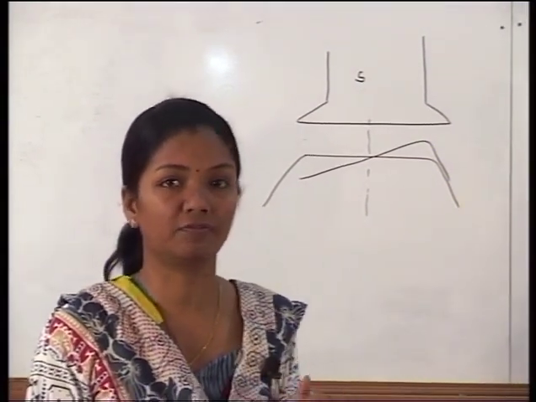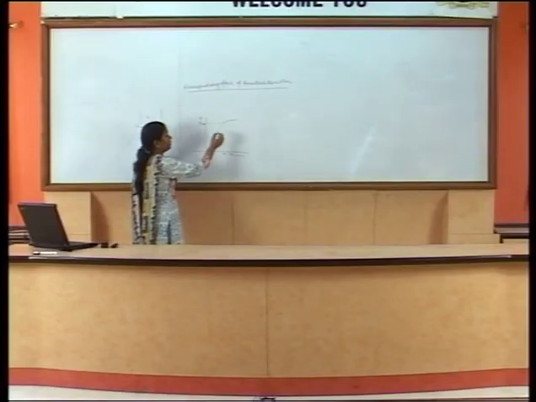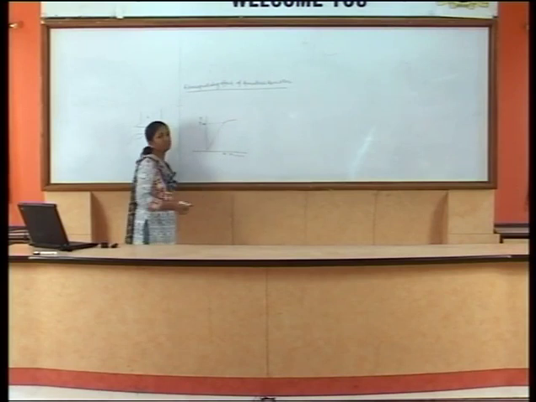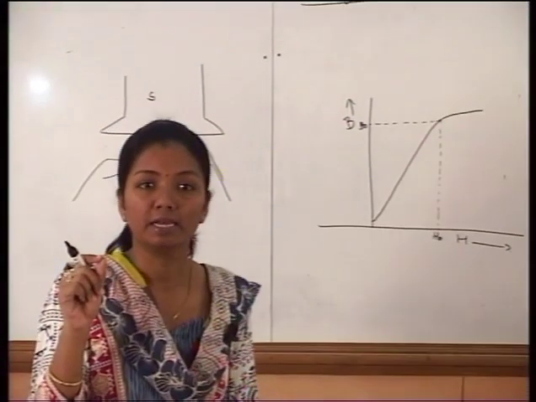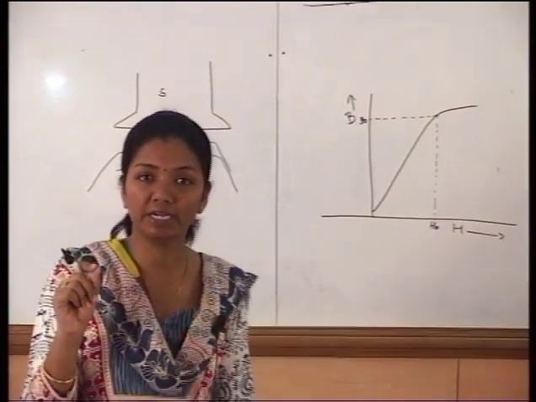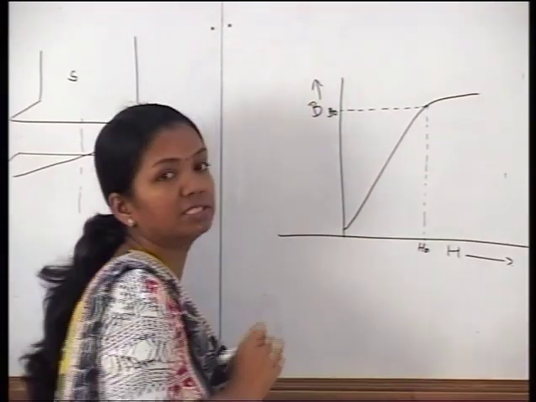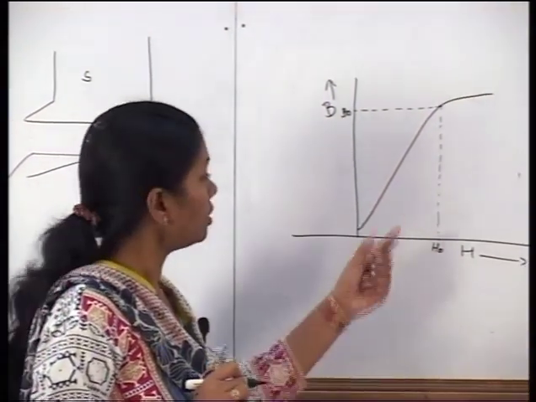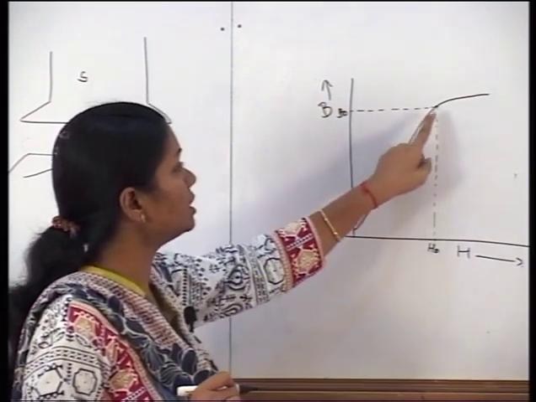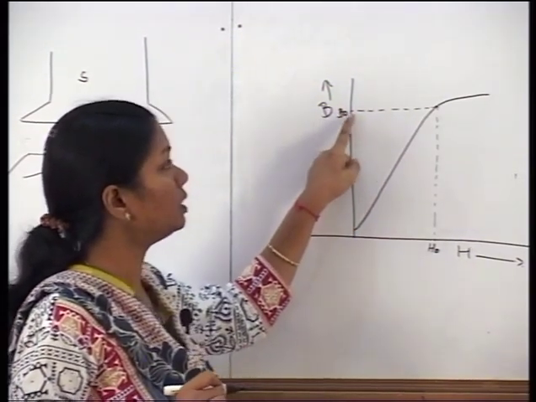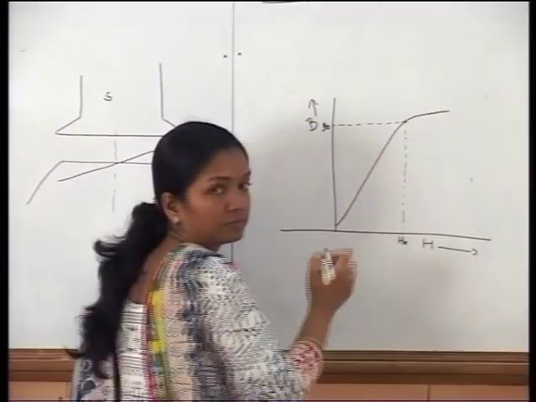But we know very well that whenever we design the machine, just to utilize the full capacity of magnetic material, it is magnetized up to the knee point of the BH curve. So, in this particular machine, I considered that the machine is already magnetized up to the flux density B naught.